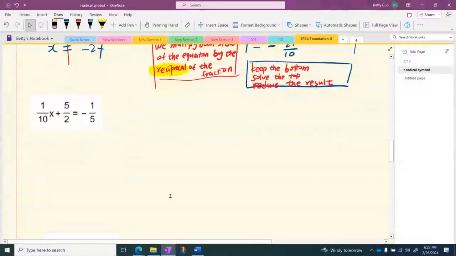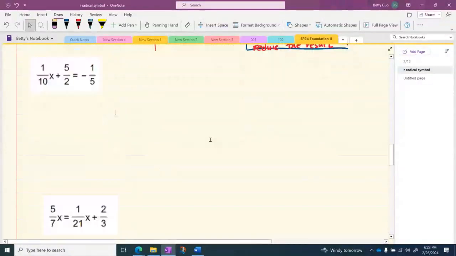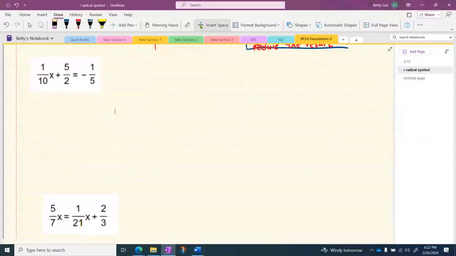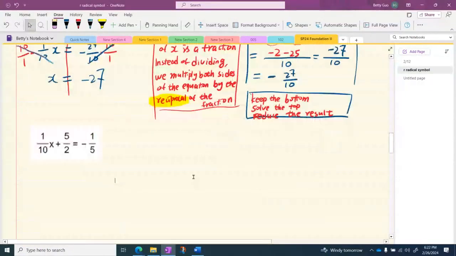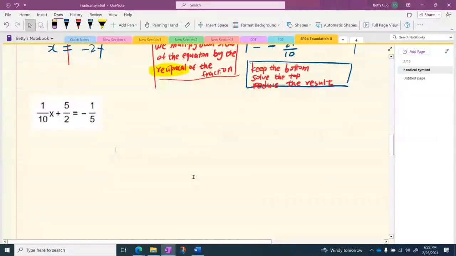As you all know, you do not like fractions. So why don't we get rid of fractions at the very beginning? So the second method, when we solve a linear equation in one variable involving fractions, is to get rid of fractions, those denominators, from the very beginning.